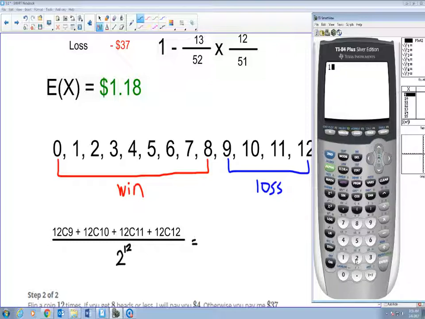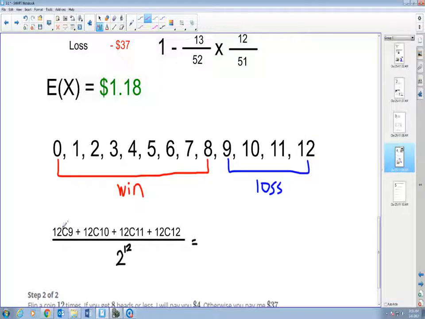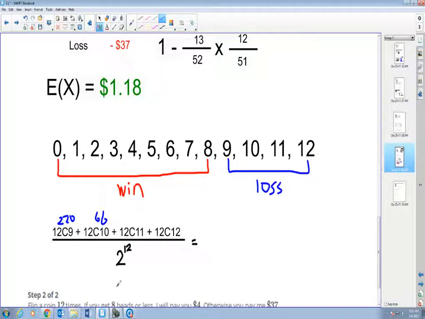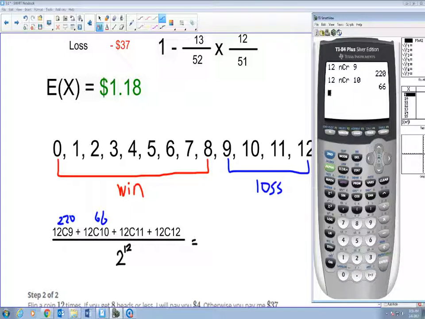So I'm going to type 12 choosing 9, which is 220. Choosing 10, which is 66. 12 choosing 11 heads, 12.